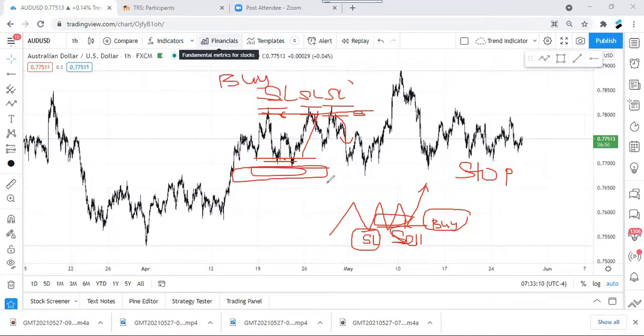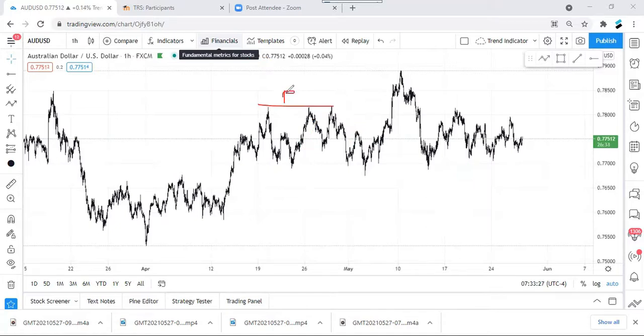So we say that the stop losses located above the swing high are buy side liquidity. Do you understand? Why do we call it buy side? Because these are all buy orders, and these are all sell orders.